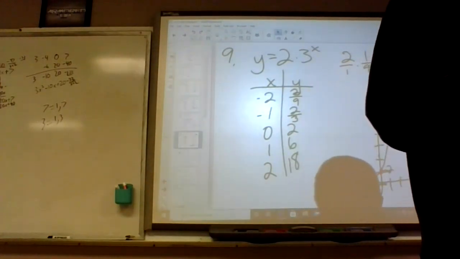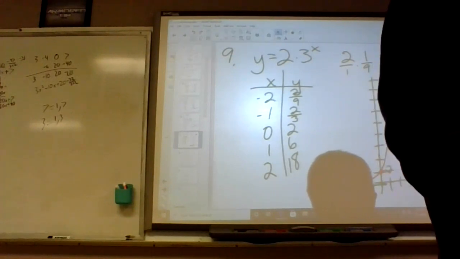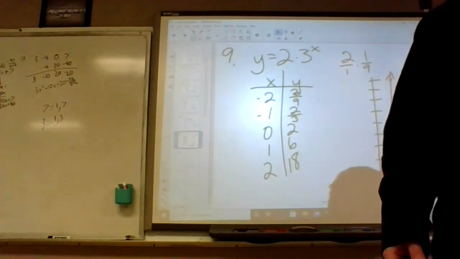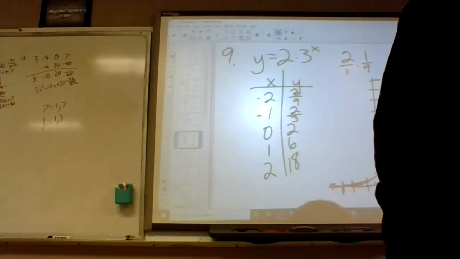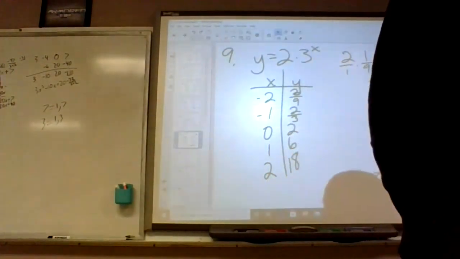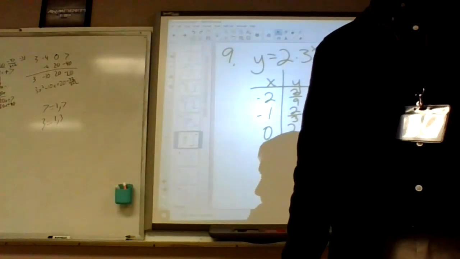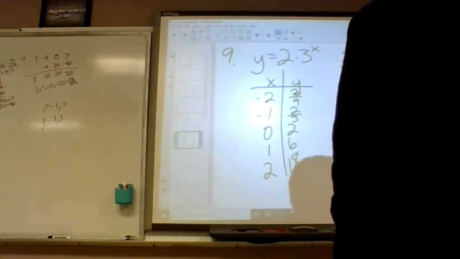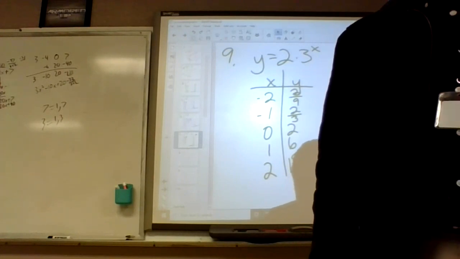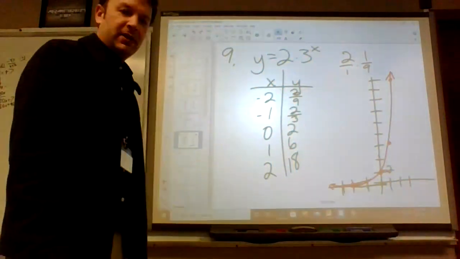And number 10 is going to be backwards from number 9. Like 5 and 6 are backwards, 7 and 8 are backwards, 9 and 10 are backwards. 2/3 and 3/2 is going to flip around from left to right. All right, give it a go.